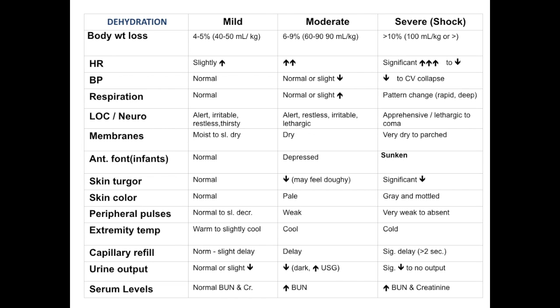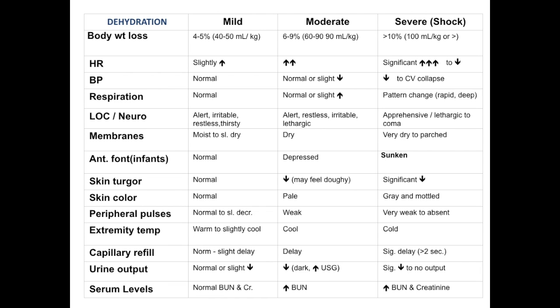So pay attention to the difference between mild, moderate, and severe dehydration. And the severe form leads to hypovolemic shock. And in this instance, there's a 10% loss in body weight, which means that this child has lost at least 100 mLs per kilo of fluids or even greater.